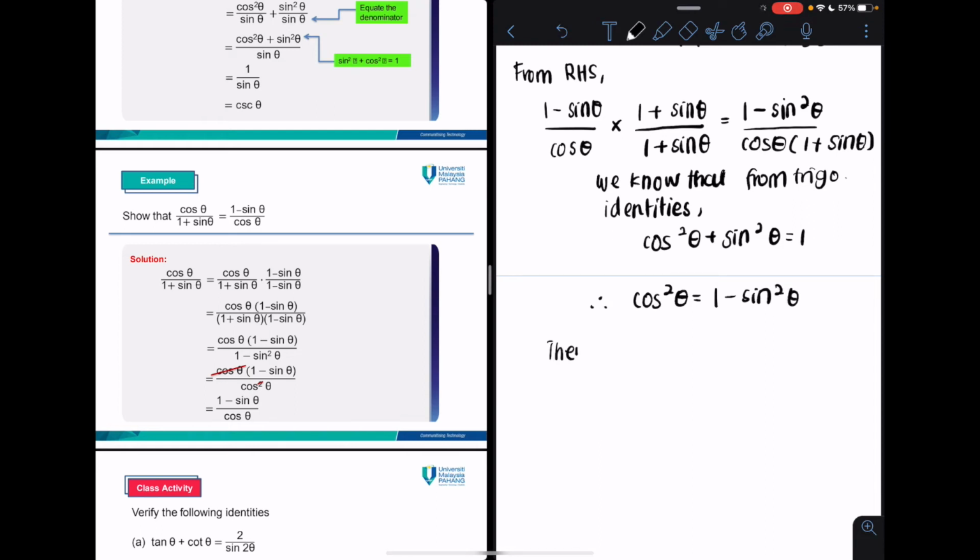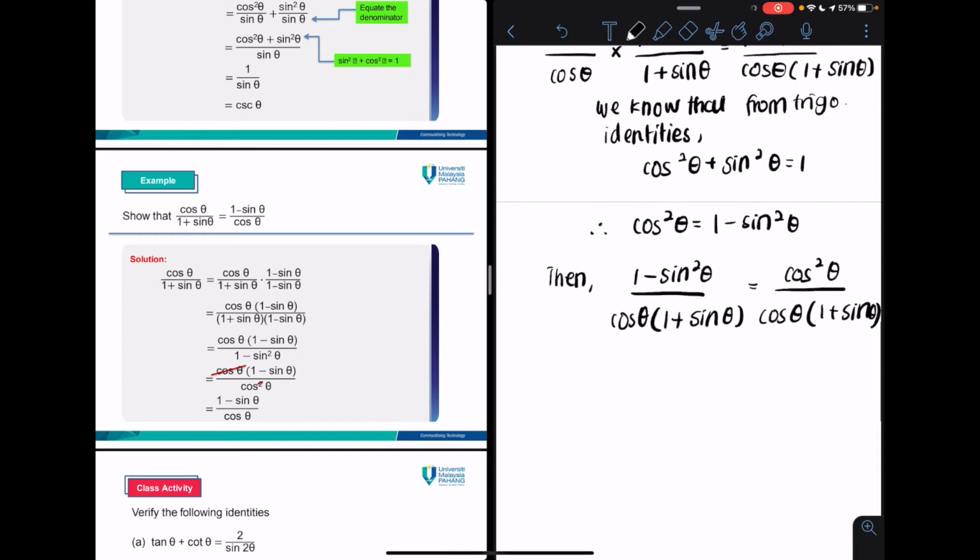Then 1 minus sine squared theta over cosine theta times 1 plus sine theta equals cosine squared theta over cosine theta times 1 plus sine theta.